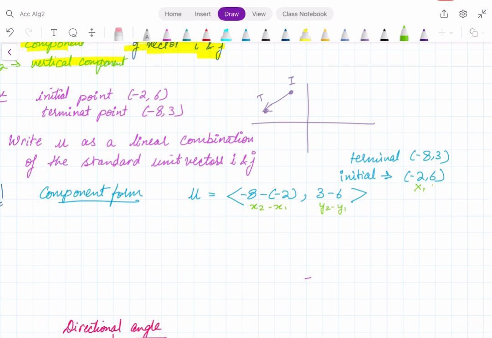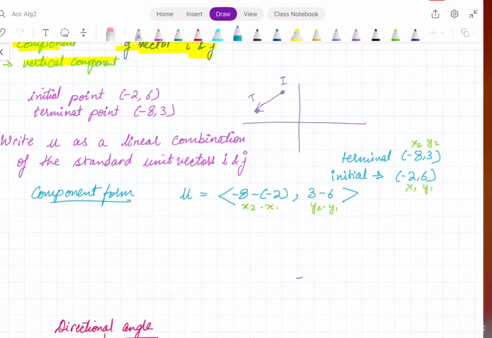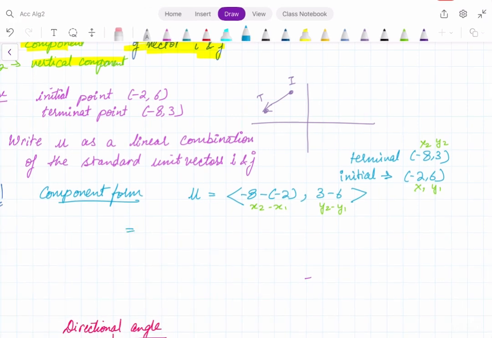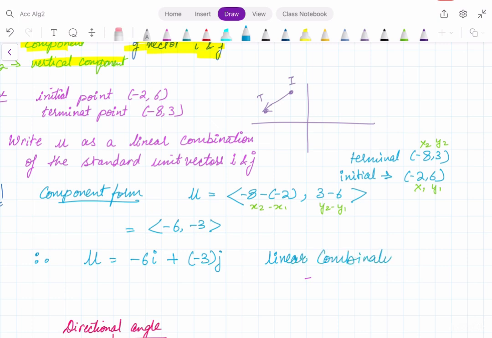That will give you negative 6 and negative 3. It is always advisable to label your points because when you label the points, it is easier to compute those and the error will be reduced. So now I have the component form. Let's write in the linear combination. So negative 6 i and negative 3 j. That's it. So whenever they talk about the linear combination, we are including i and j to represent our vector.